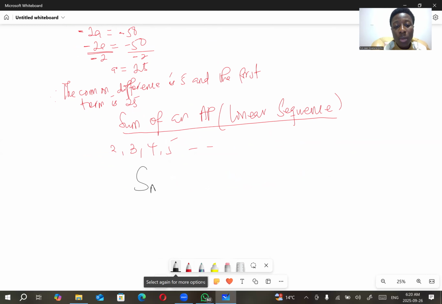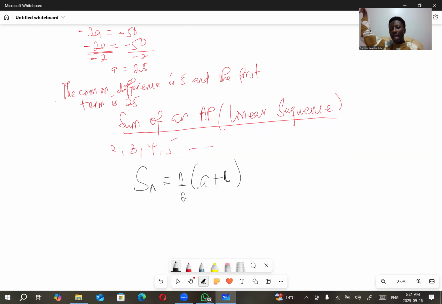This represents the sum of the nth terms, and it is given by the formula n over 2 into bracket a plus L. This is when your sequence gives you the beginning and the end, the last term. If you don't have the last term, you don't have any business with this one.